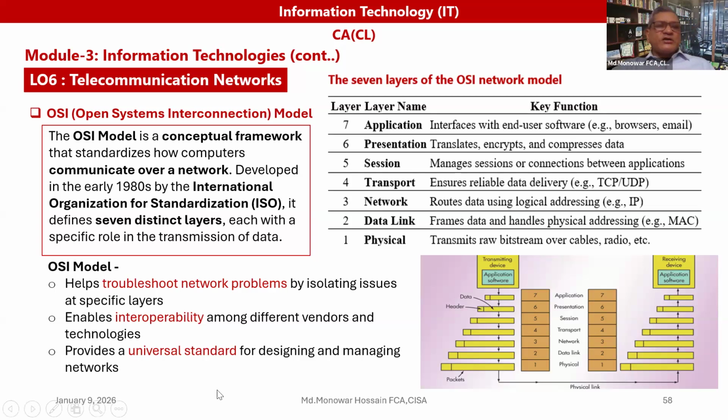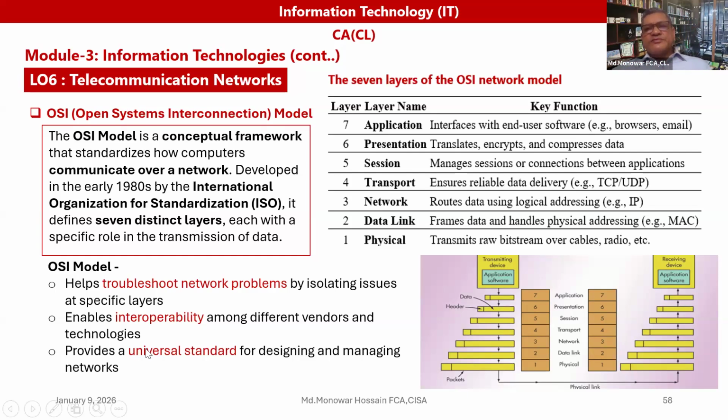So the OSI model helps troubleshoot network problems by isolating a specific layer. It enables interoperability among different vendors and technologies. The OSI model provides a universal standard for designing and managing the network.